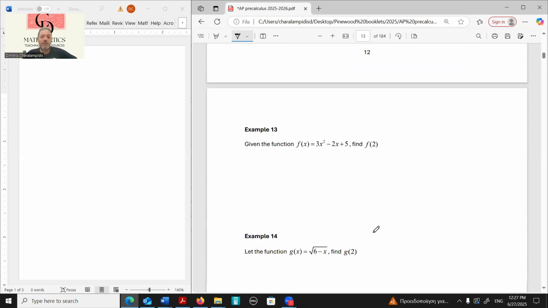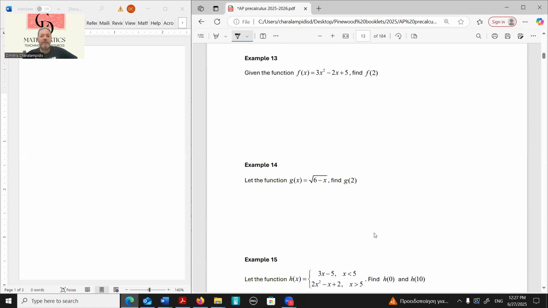Now, let's work on some examples. Given the function f of x is 3x squared minus 2x plus 5, find f of 2. If you want to visualize what this says, imagine having two sets which are being connected through this function f.